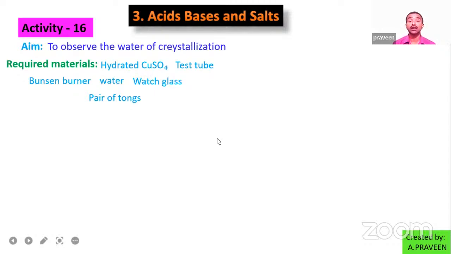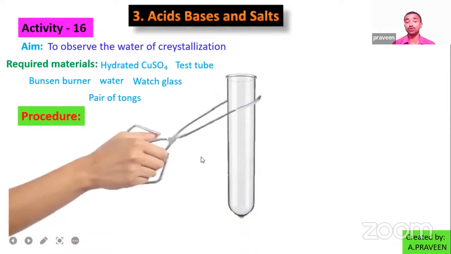Hold the boiling tube or the test tube using a pair of tongs. After the procedure is complete, you can note down your observations. So here I am holding the boiling tube using a pair of tongs.